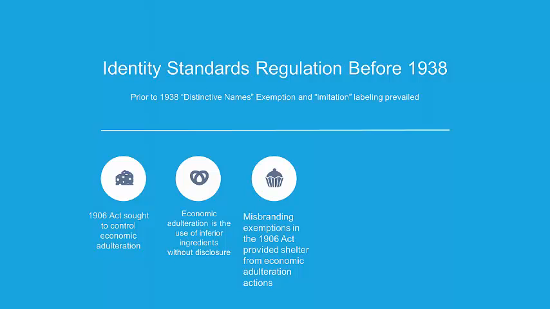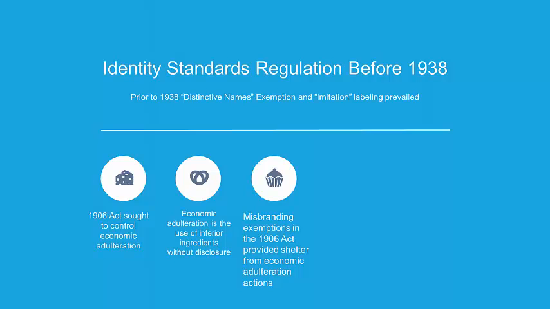In the 1906 Act, the drafters attempted to mitigate or provide some shelter to those economic adulteration actions by providing provisions in the misbranding section of the Act that said if you use a distinctive name or if you state that you're imitation and some other words like compound, then you're not subject to economic adulteration attacks.